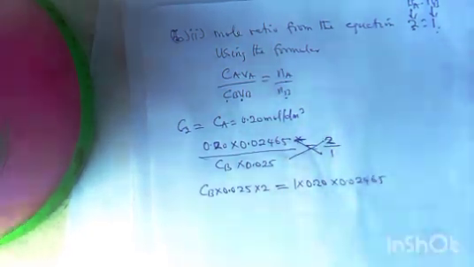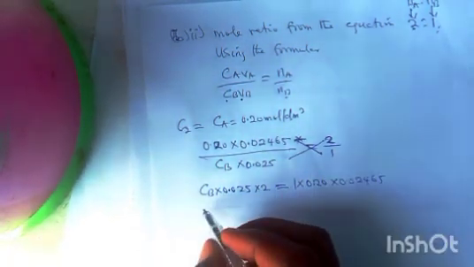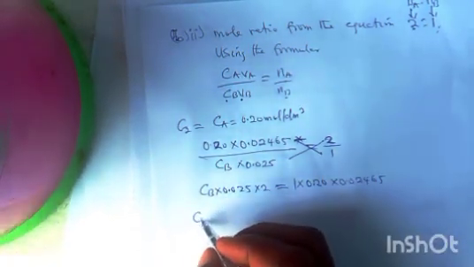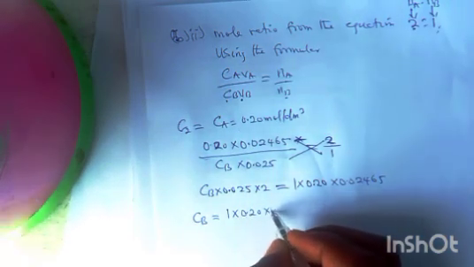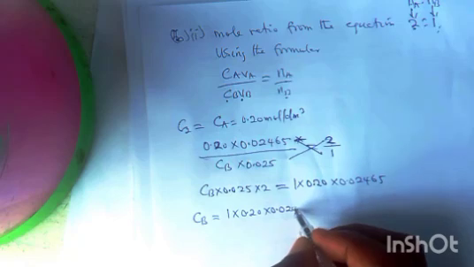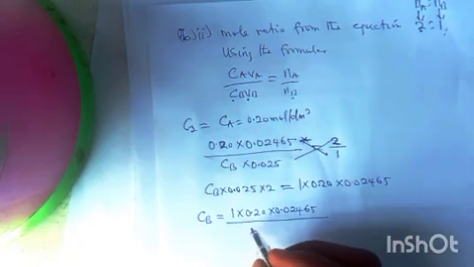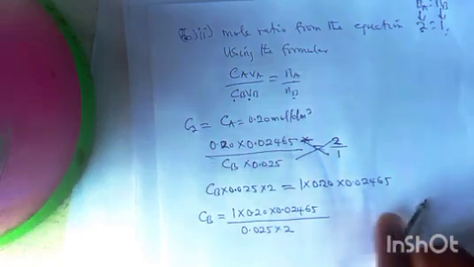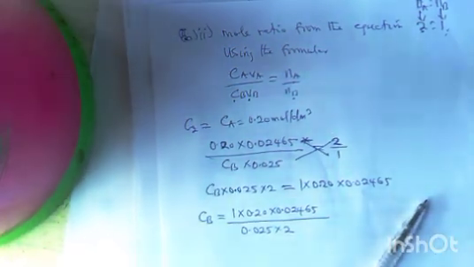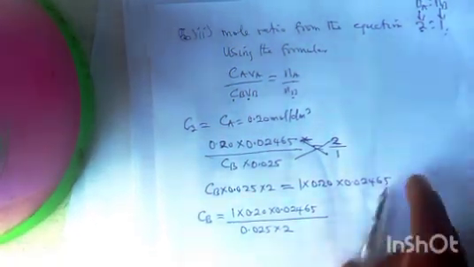After multiplication, it's going to give us CB is equal to 1 times 0.20 times 0.02465 divided by 0.025 times 2. When you have these kinds of values, you need to check one or two things.